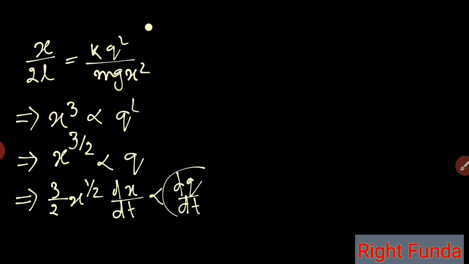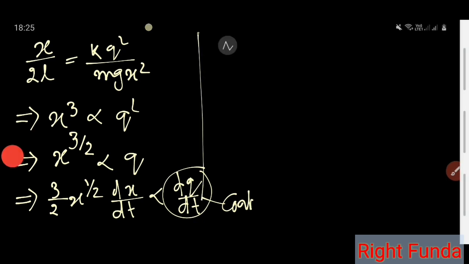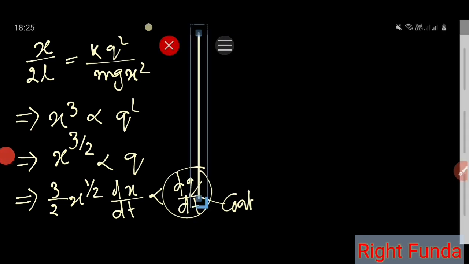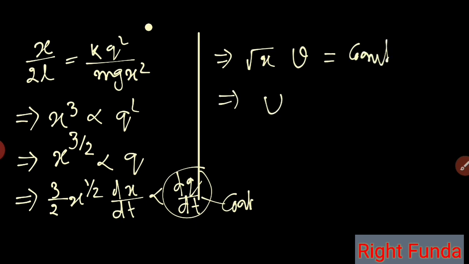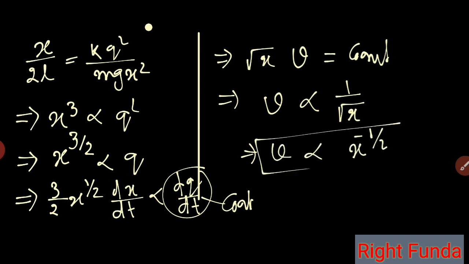But in the question it is given that this is a constant quantity, so we can write very easily from this equation that root x into the velocity of the ball is a constant quantity, or v is proportional to 1 by root x, or v is proportional to x to the power minus half.